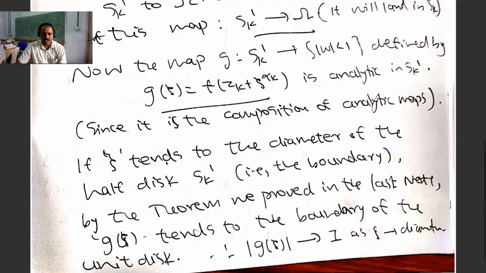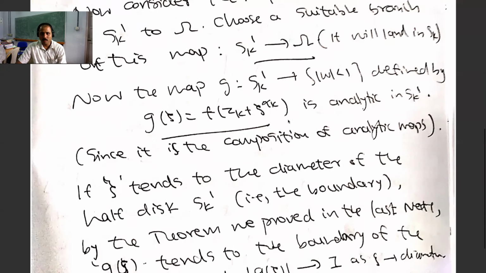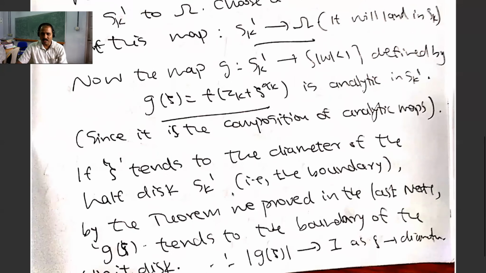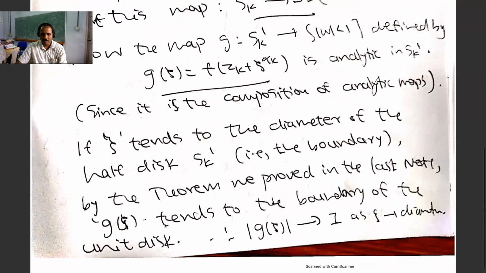Now, if zeta tends to the diameter of the half disk S k prime, remember G is defined on S k prime, which is a half disk, then in the previous theorem we proved that under a topological mapping, if something tends to the boundary, its image will also tend to the boundary. So G of zeta will tend to the boundary of the unit circle, that means mod G of zeta will tend to 1 as zeta tends to the diameter.